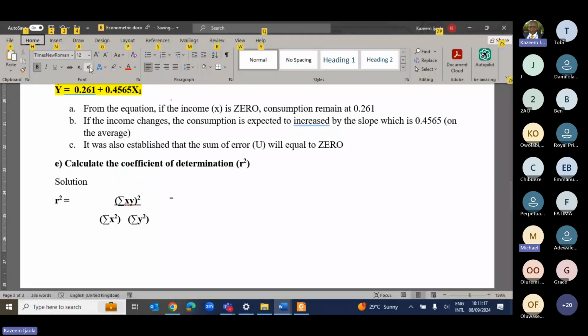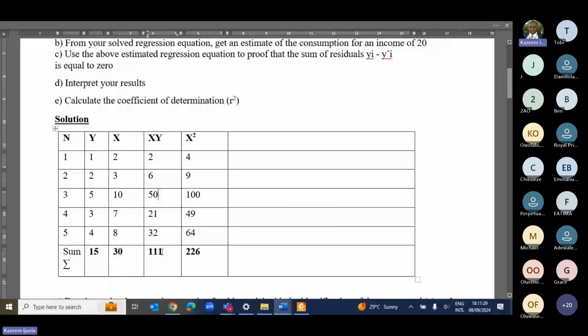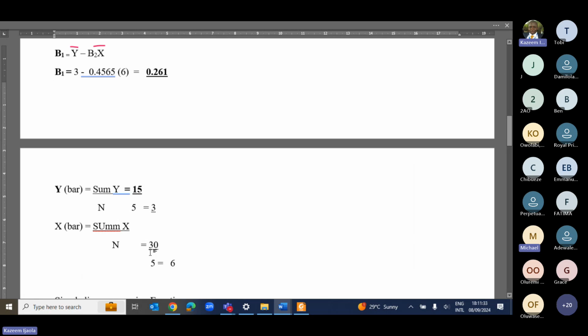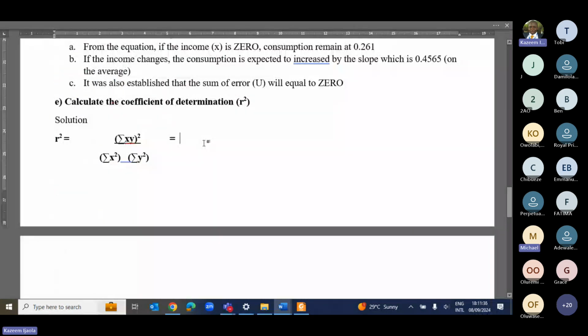So let's calculate that r square now, faster. What is summation xy? First of all, let's look for it in our table. Summation xy is 111, so I'm going to say 111 raised to power 2. That's the first one.